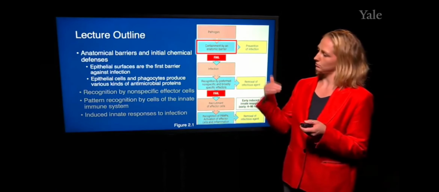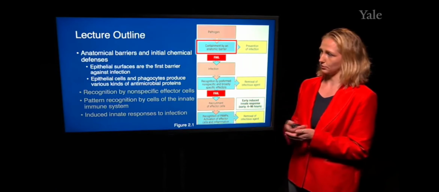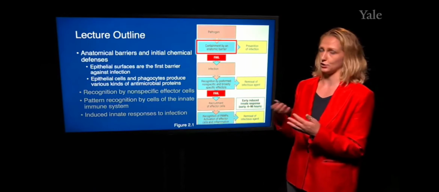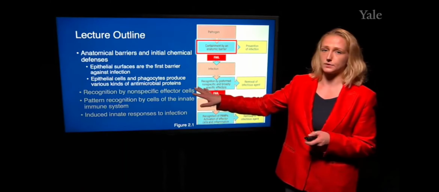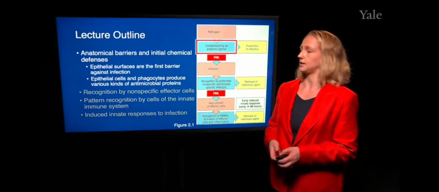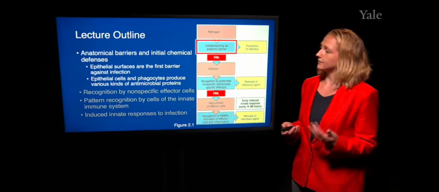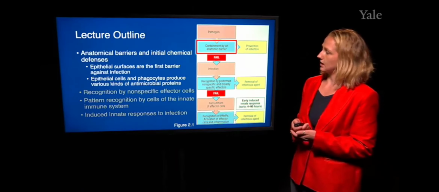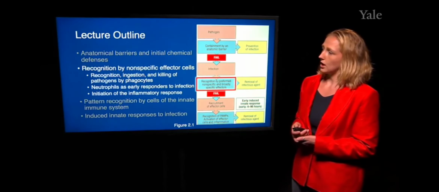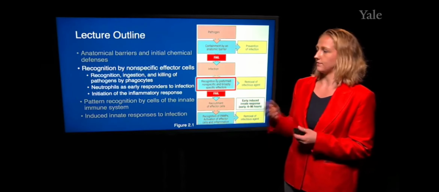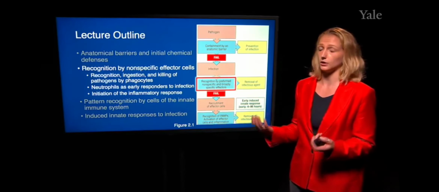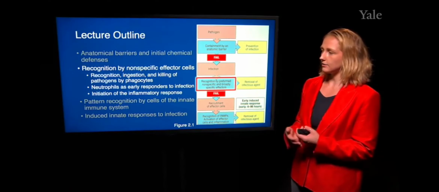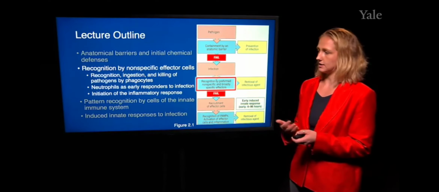If pathogens get through these epithelial surfaces, we have additional defenses, such as the antimicrobial peptides and proteins that our epithelial cells and phagocytes produce. If the infection is not prevented at this stage, non-specific effector cells such as phagocytes and neutrophils are critical in launching a very early response. And from this initial response, there's the induction of the inflammatory response.